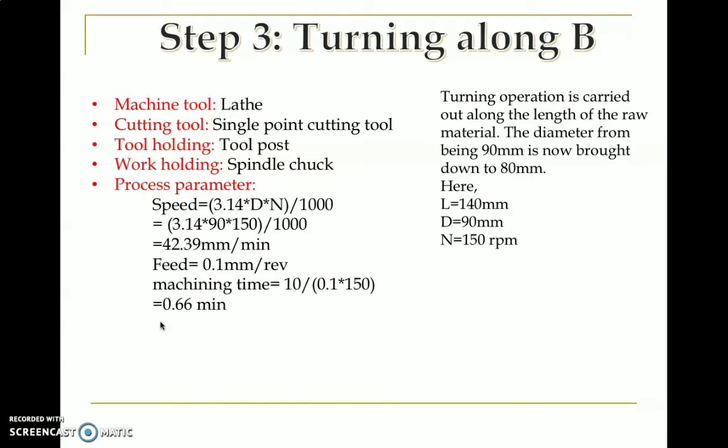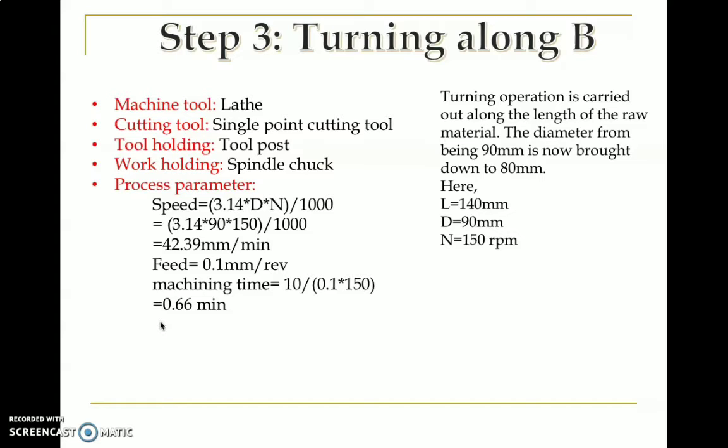So the turning operation is done along the circumference of the cylinder, so that the diameter is brought down from 90 to 80. The machine tool, cutting tool, the work holding and the tool holding devices are the same as that of the facing operation, because the turning operation can also be done using the lathe.